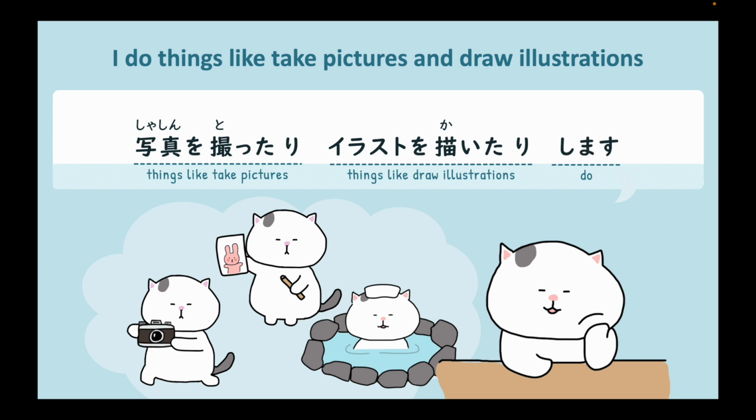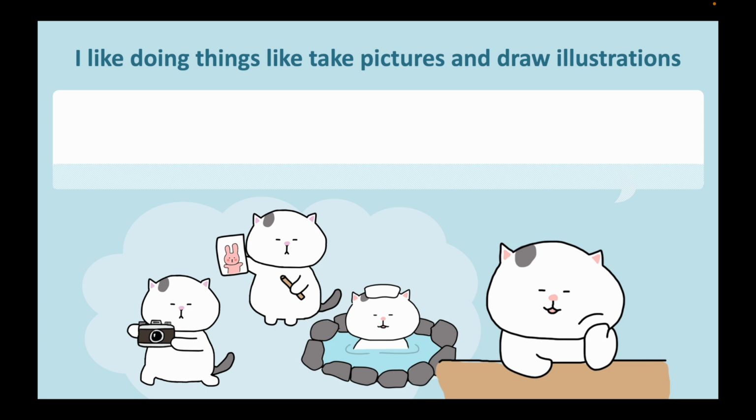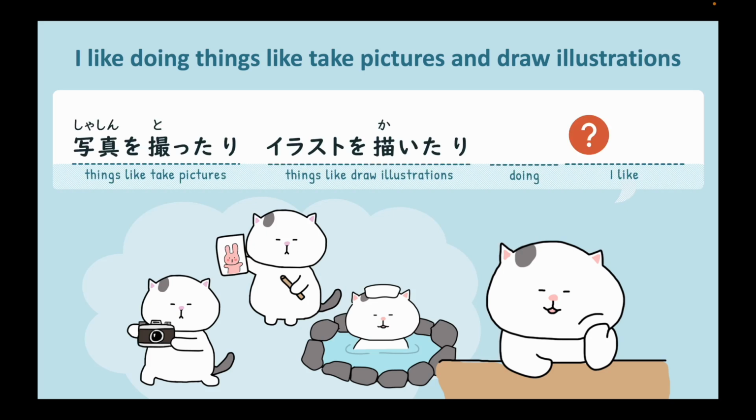do in this case. Altogether, 写真を撮ったり、イラストを描いたりします。Now Shiro wants to say, I like doing things like take pictures and draw illustrations. How does the sentence end?